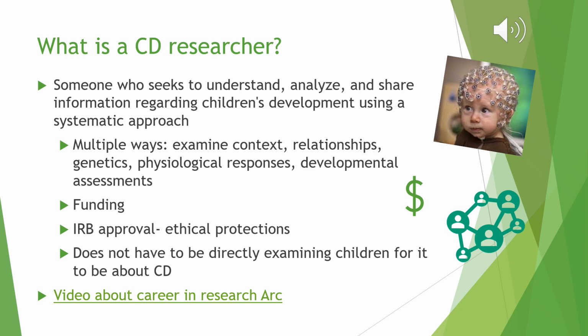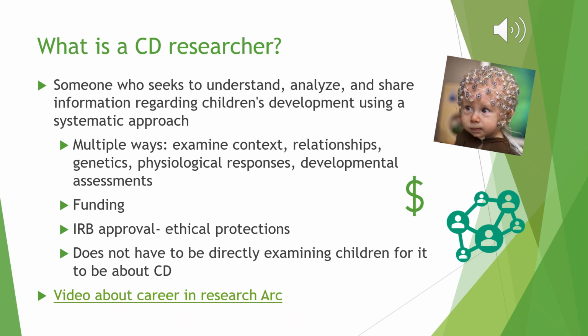So a child development researcher is really someone who seeks to understand, analyze, and share information regarding children's development using a systematic approach. And there are really multiple ways in which a child development researcher might go about studying a particular topic or a particular area. So examining context, for example, the impact of the school or the teacher-child relationship on a child's social emotional development would be an example.